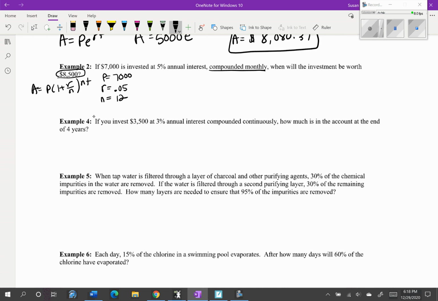So now we have the A, which is 8,500, and we're solving for T. So if I plug this in, we have 8,500 equals 7,000 times 1 plus 0.05 divided by 12 to the 12 times T.